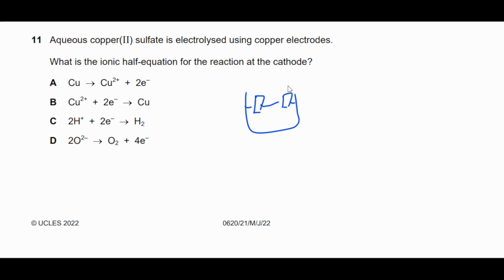So at the cathode, which is the negative electrode, copper will be deposited. Okay, so the equation that shows copper being deposited would be B, because the ion would deposit into copper, which is solid, which is pure also. Okay.